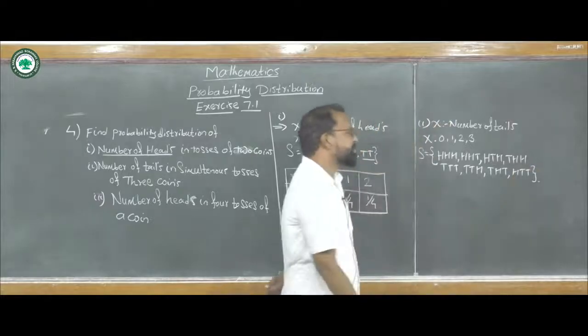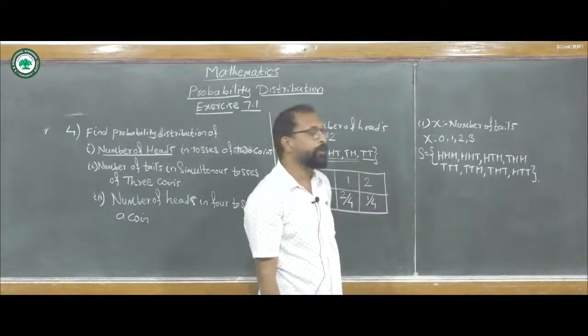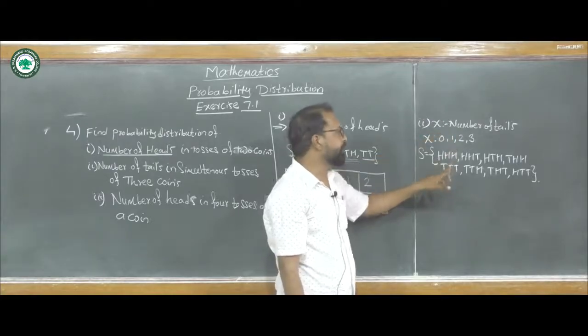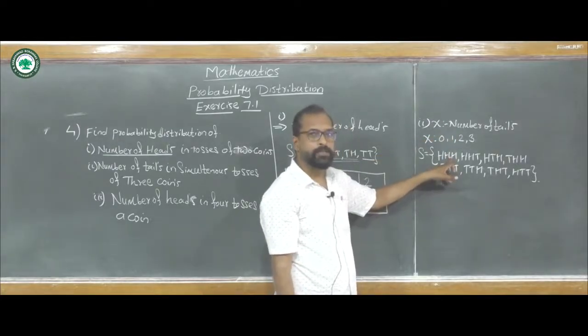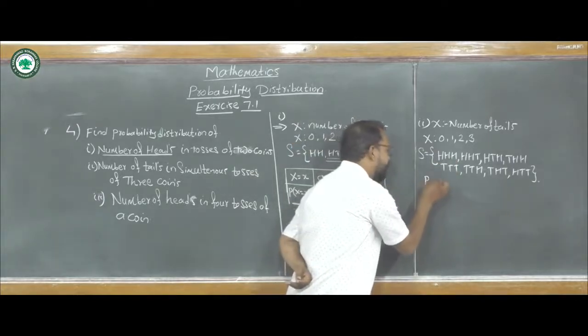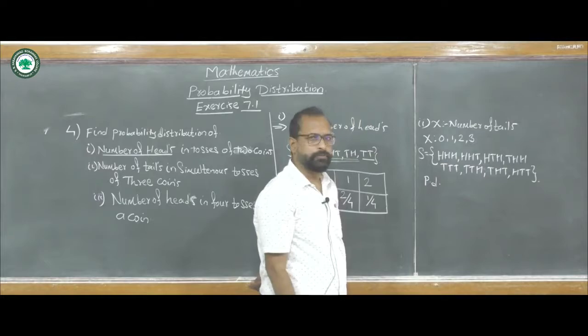This is the sample space for tossing 3 coins. Observe that it contains 8 elements. So now we try to write the probability distribution.